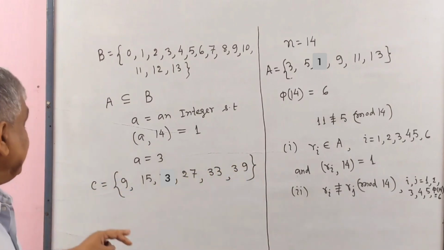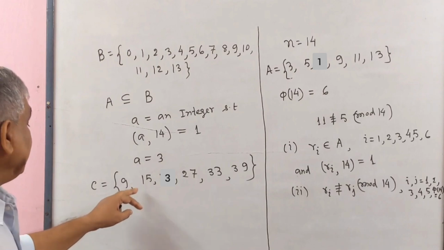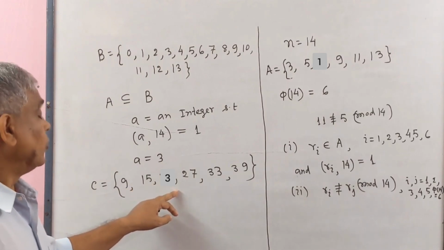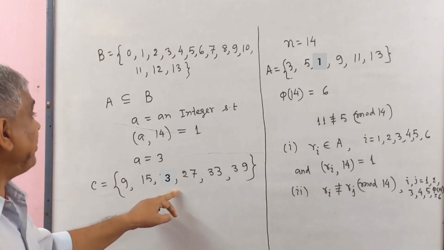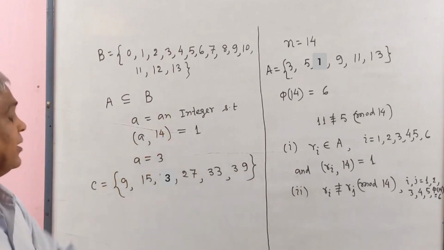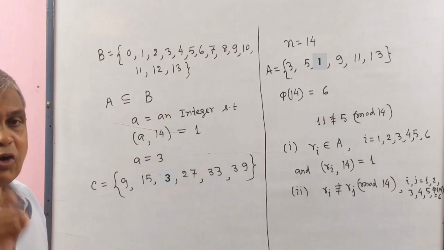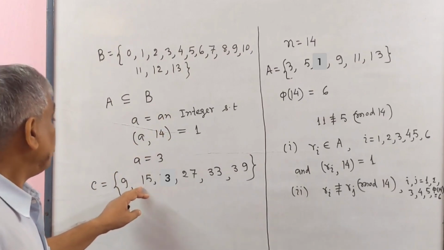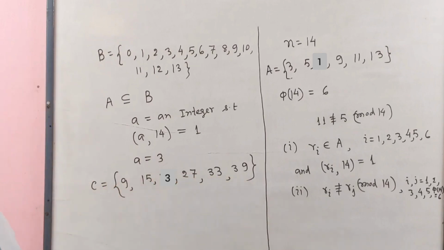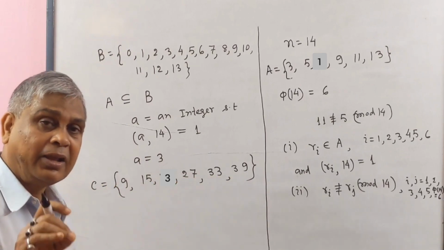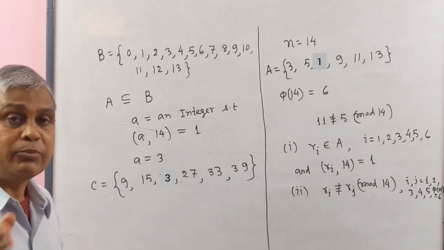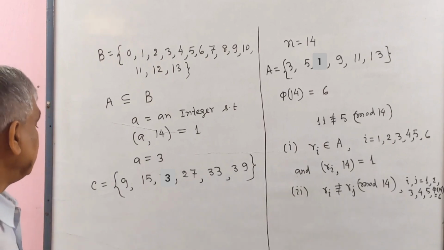We may verify that each integer belonging to C is relatively prime to 14, and also we may verify that no two integers of C are congruent to each other modulo 14.